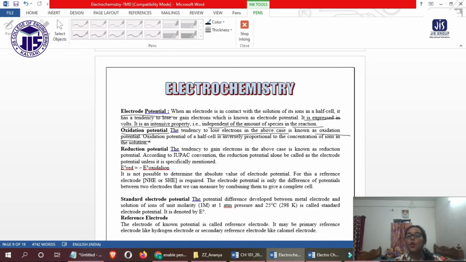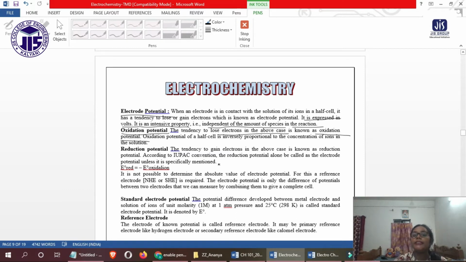Okay, so oxidation means what? Oxidation means release of electrons. So if we have any substance which can lose electrons easily, forming the positive ion, in that case the oxidation potential is high.